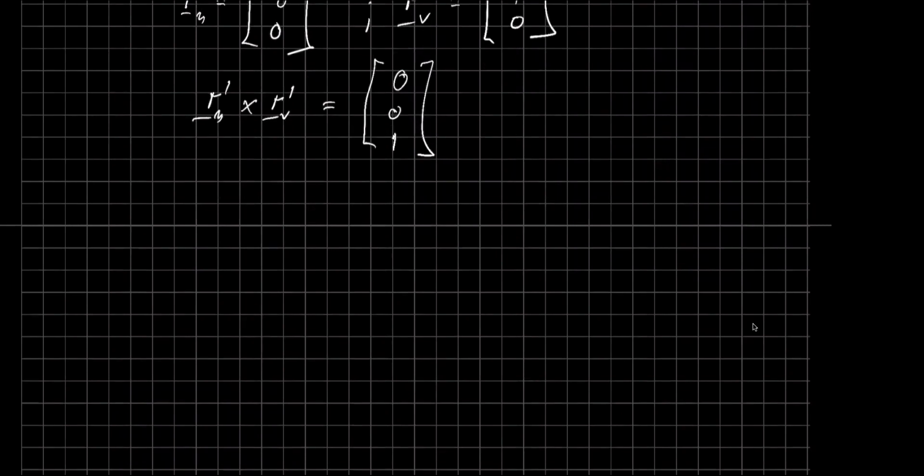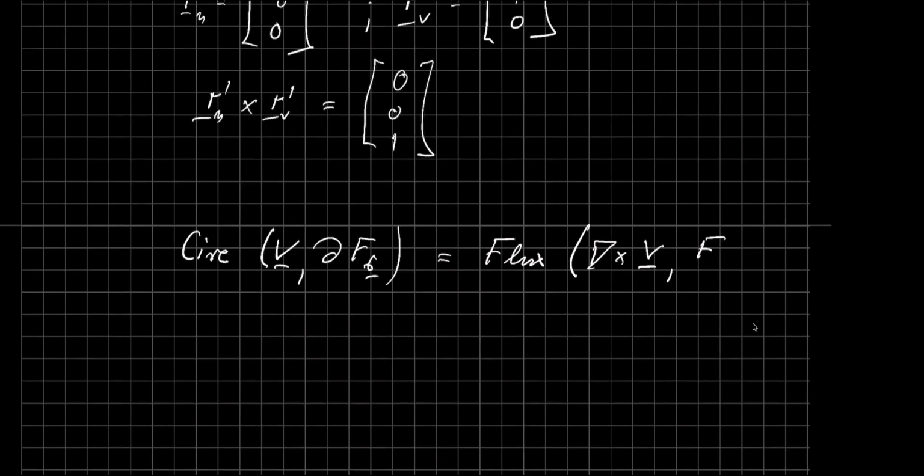And now we are able to compute the circulation. It's a circulation of V along the boundary of this surface. When I use Stokes, it's equal to the flux of the curl of V at this surface here.